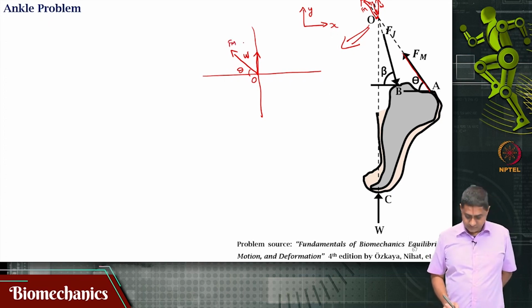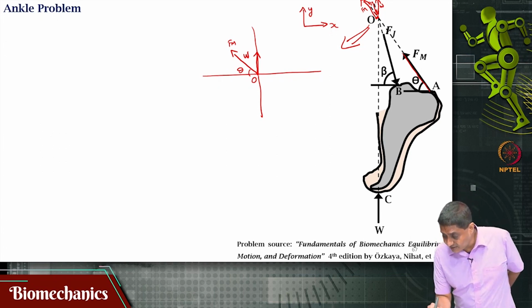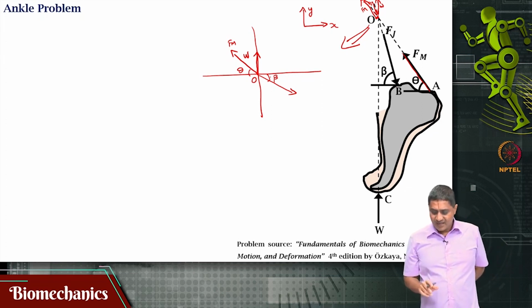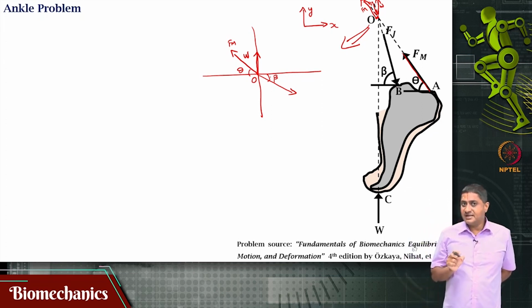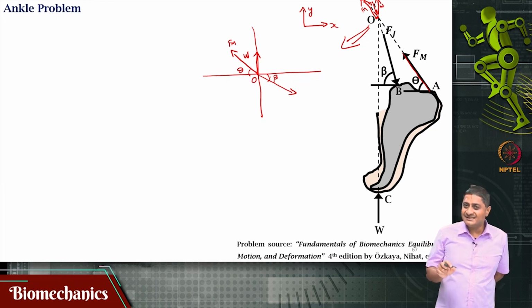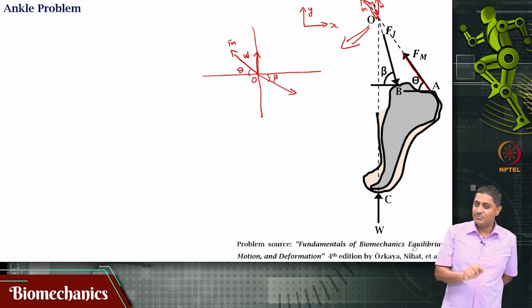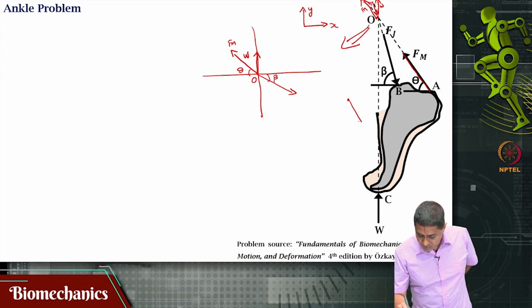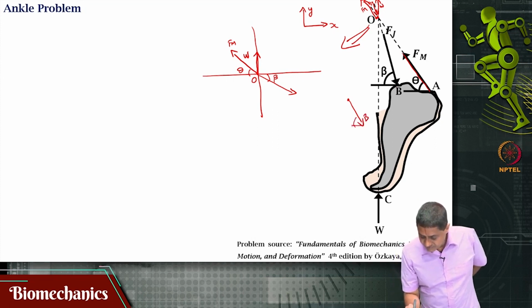Okay. And Fj is acting from point O, like that. Fj is making an angle beta to the horizontal. Technically, this beta is not exactly the same beta that Fj is making, because if you see, this is point O and this is point B where this is beta, is it not?